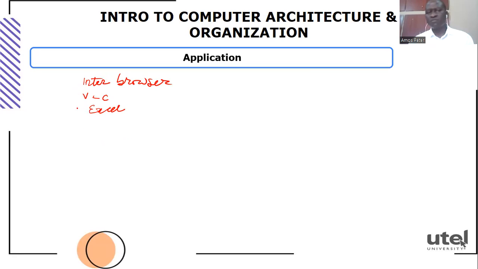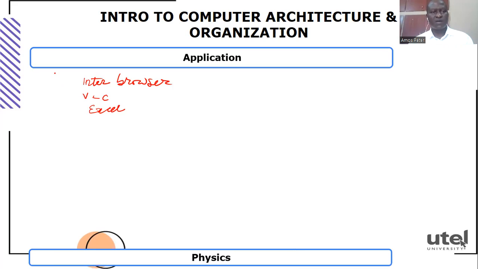Now, computer architects want to pick any of these applications and then see how such applications could be mapped down to physics. And by physics, I simply mean the computer's own native language. We all know that the hardware or the bare metal of the computer system only understands binary digits known as the bits.